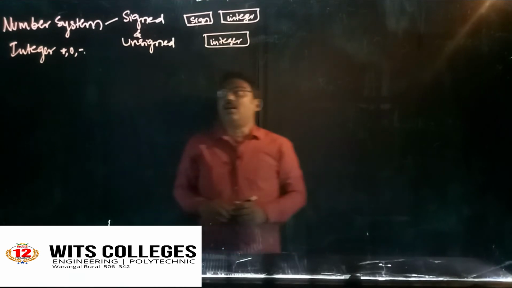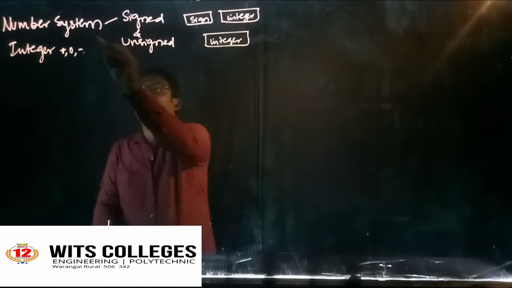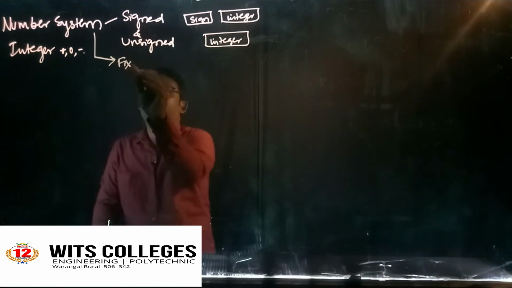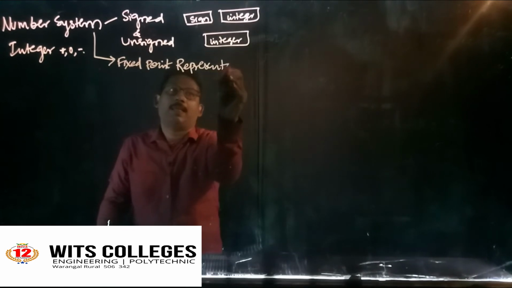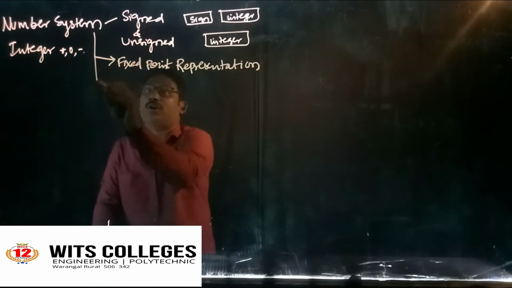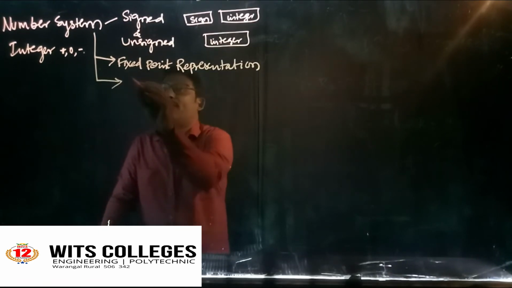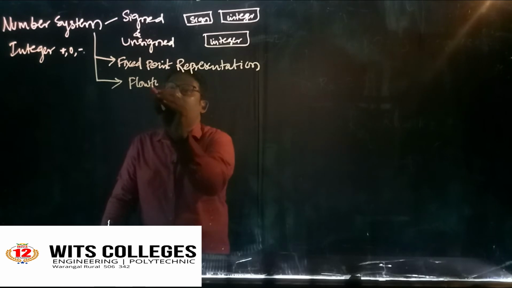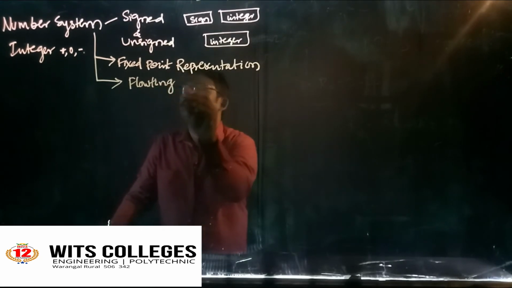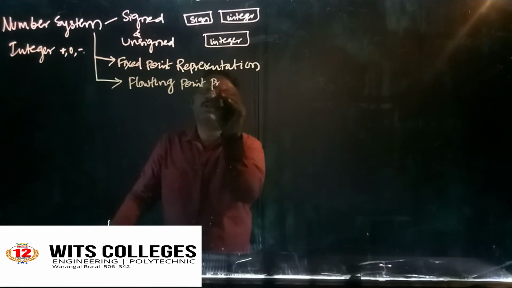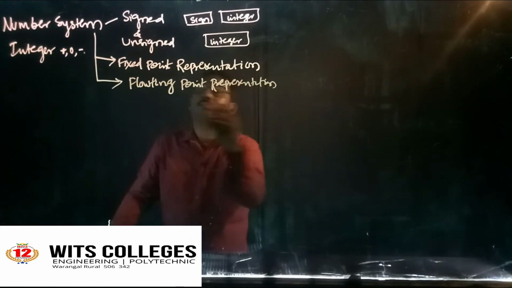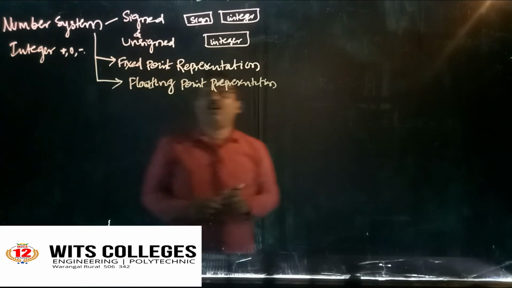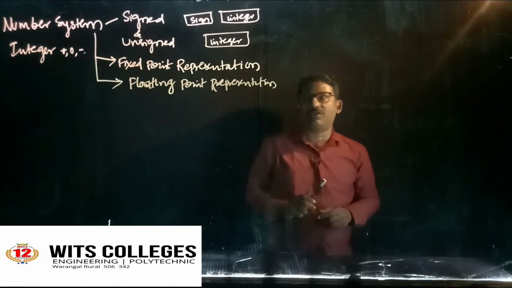There are two types of representation: fixed point representation and floating point representation.